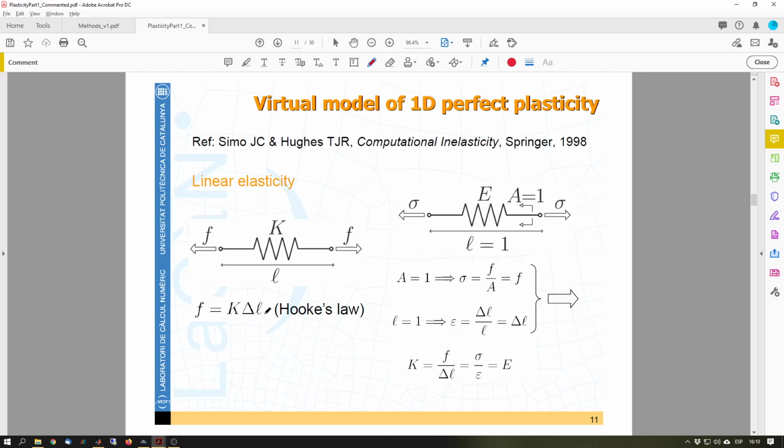We will use that as a comparison to the continuum. In the continuum, we work with stresses and strains, so it would be very similar, with the force divided by the area, the area of the cross section.